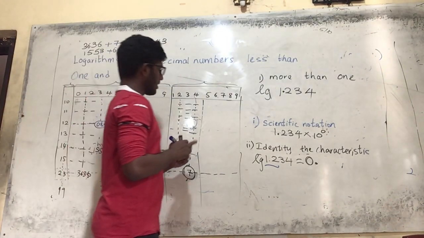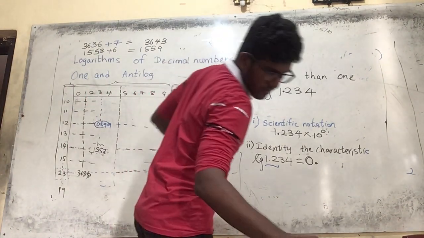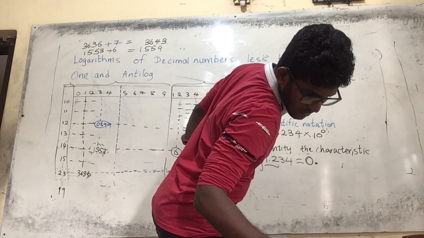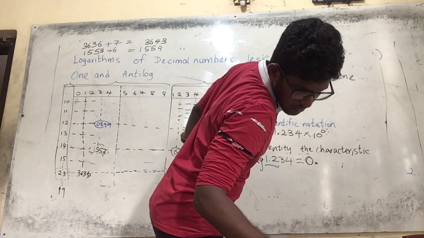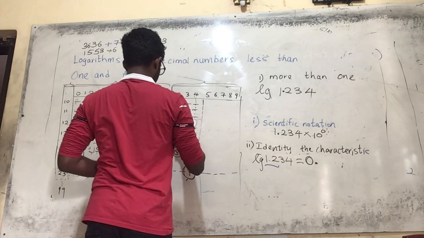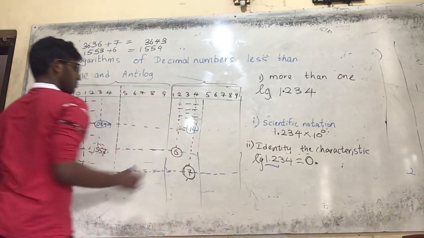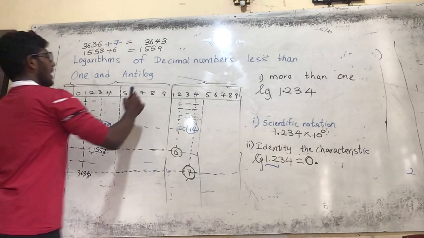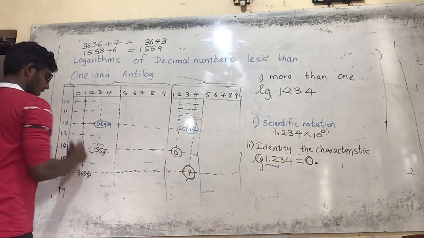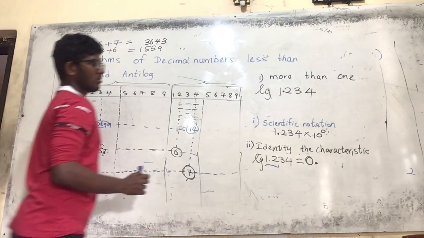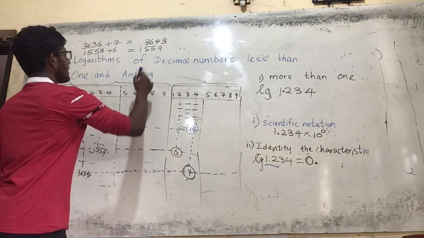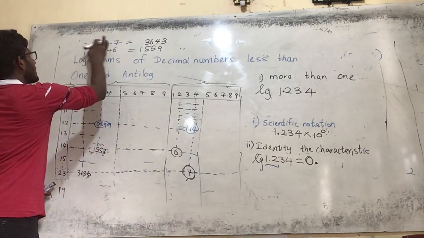Then you go to the fourth column. 4. So you have to add 4 to 0899.